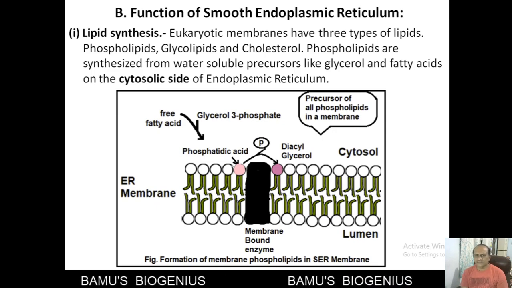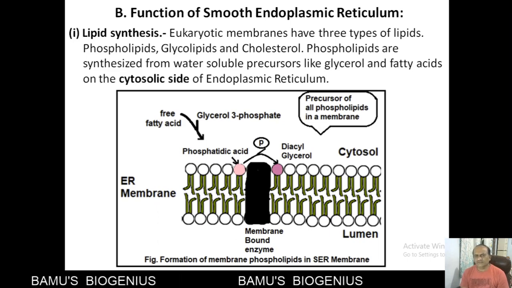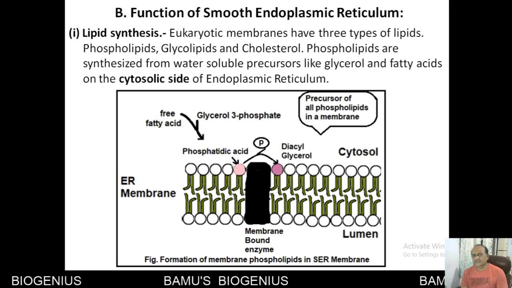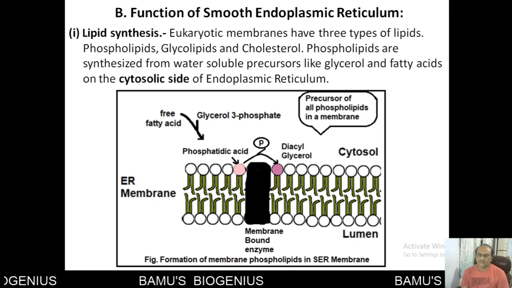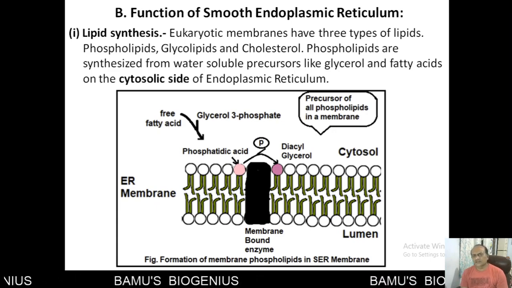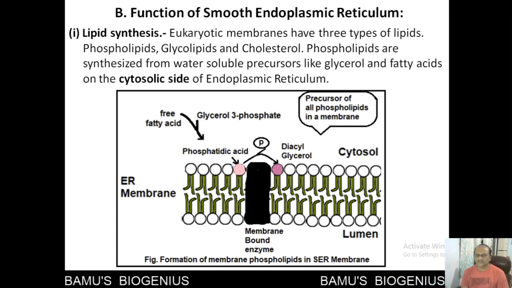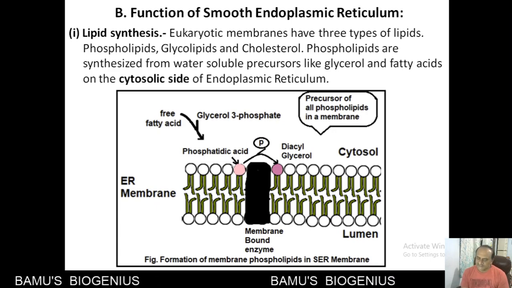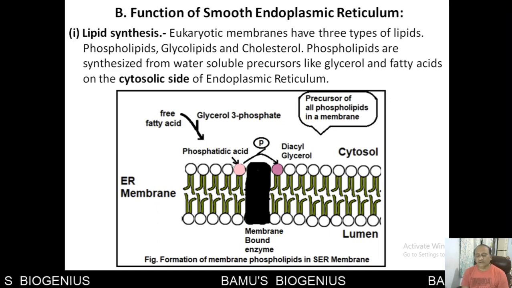This enzyme converts free fatty acids and glycerol 3-phosphate into phosphatidic acid, and then this phosphatidic acid is incorporated in the membrane. After incorporation, the phosphate molecule is removed from the phosphatidic acid, and because of that, this phosphatidic acid is converted into diacylglycerol. Now, this diacylglycerol is a precursor for all the phospholipids that are present in the membrane.